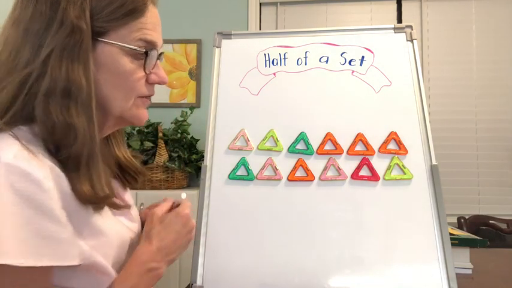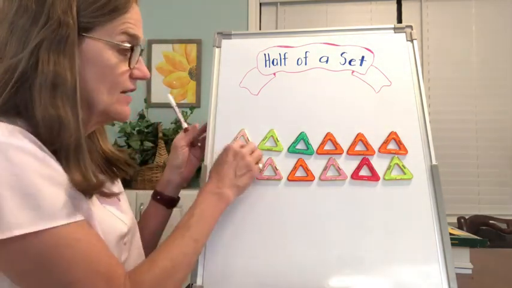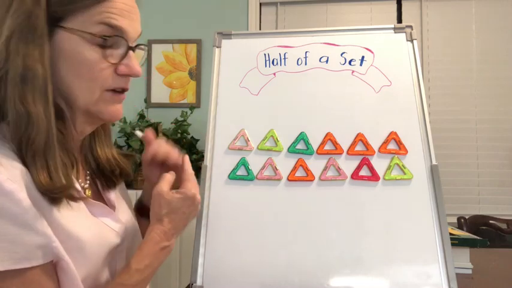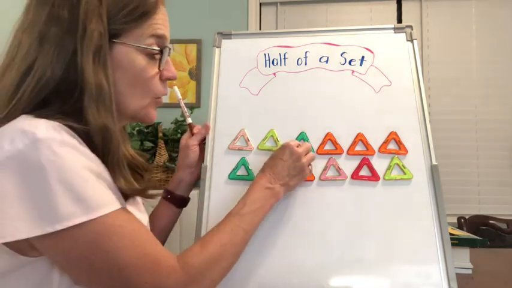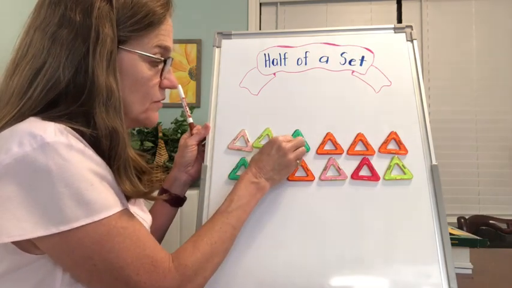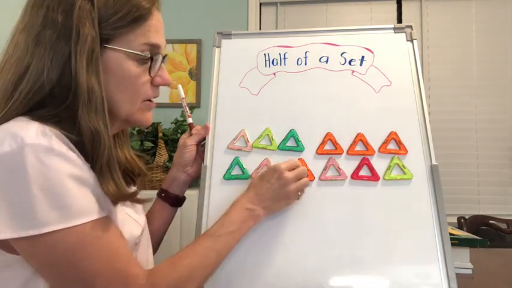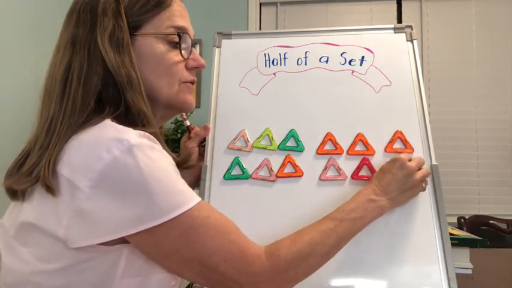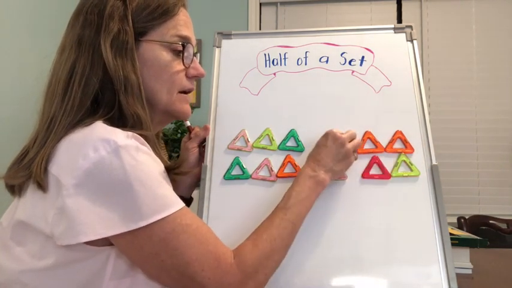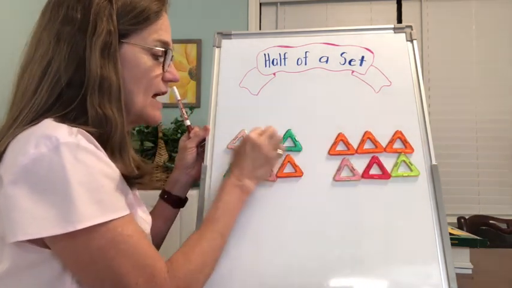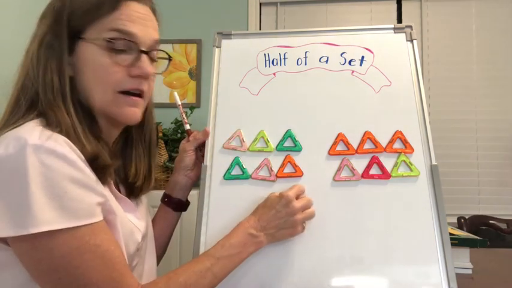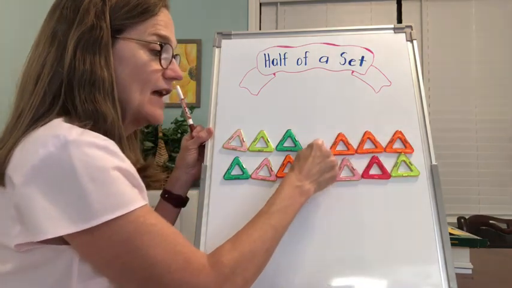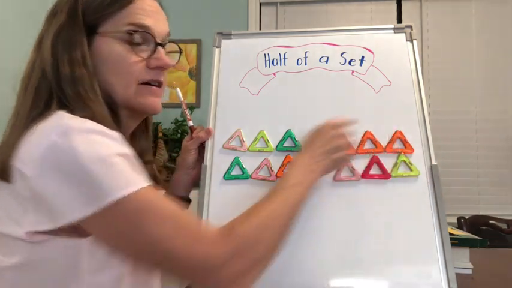All right, so let's divide this into 2 sets. Well, I can see a couple of different ways that we could divide this into halves, into 2 sets. We could move these over here a little bit, and move these over here a little bit, and now we have 2 sets. We have a set here, and we have a set here.